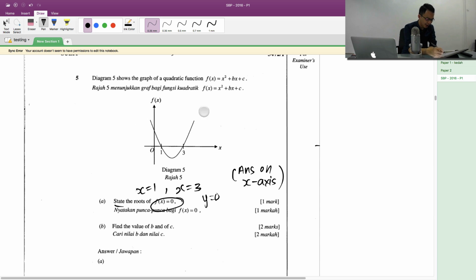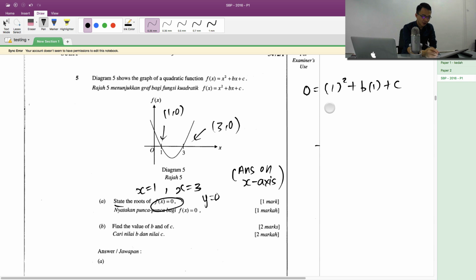Since this curve is actually passing through these two coordinates, this one is (1, 0) and the other one will be (3, 0). Then we can just substitute them into the equation. Where x is 1, f(x) is 0. That means 0 equals 1 squared plus b times 1 plus c.